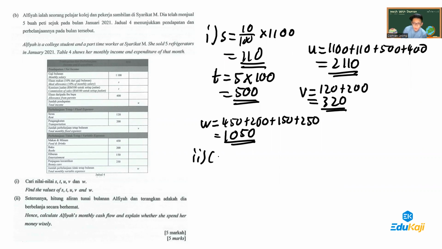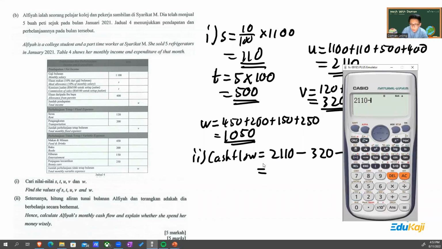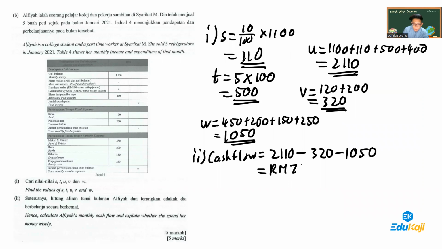So monthly cash flow is total income 2110 minus all her expenses: minus 320, total fixed expenses, minus 1050, total variable expenses. 2110 minus 320 minus 1050 is 740. So her cash flow is 740.